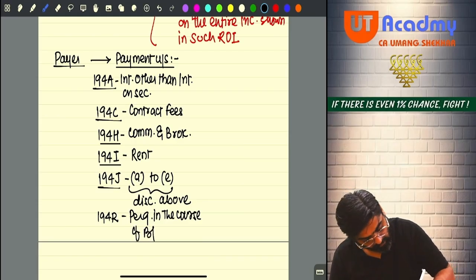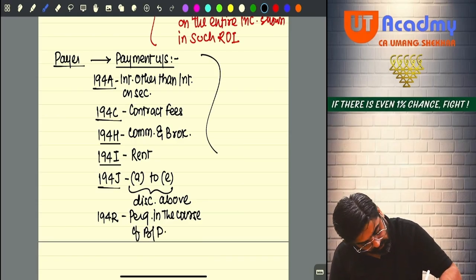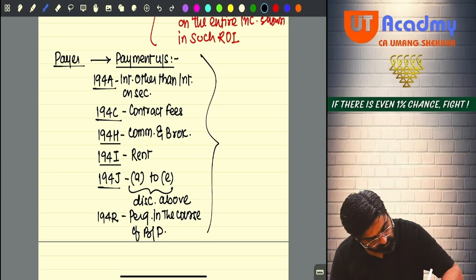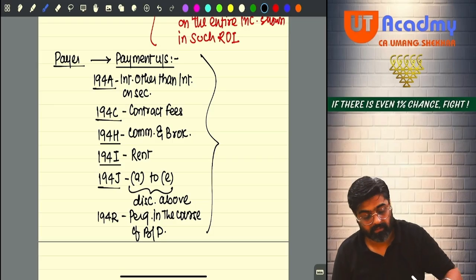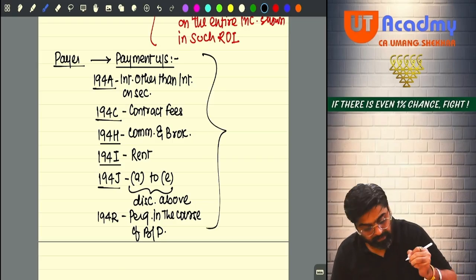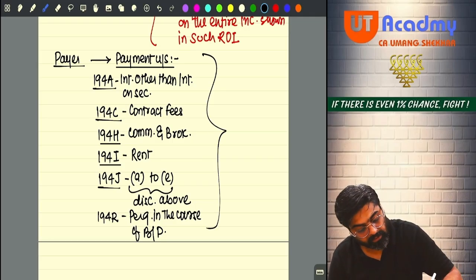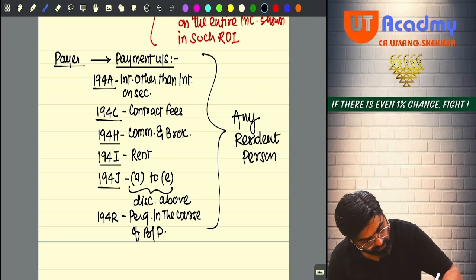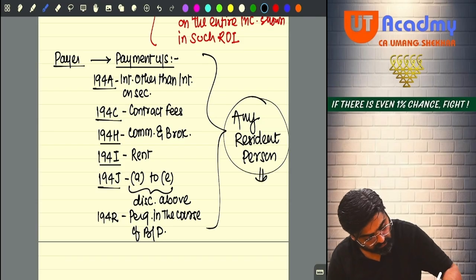Now any of these payments are made to any resident person. Any resident person means the payee is a resident.